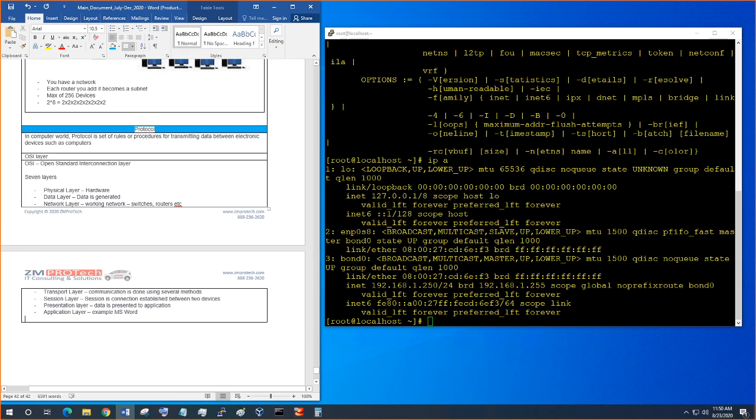So we are worried about the TCP protocol. It stands for Transfer Control Protocol.